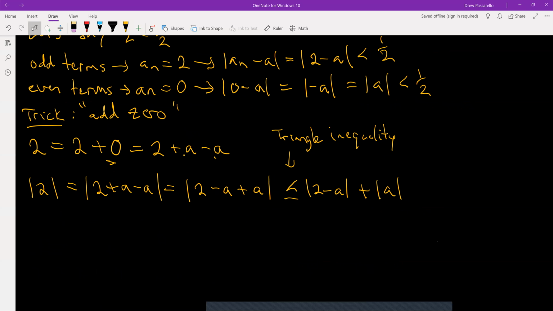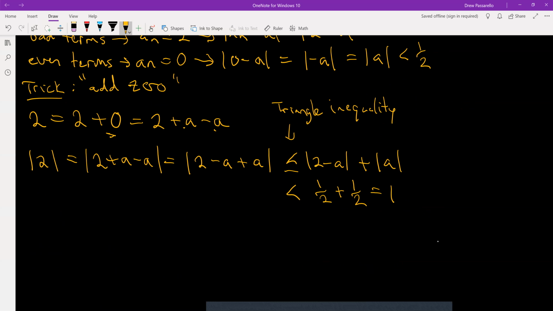Now, if that's true, then the absolute value of 2 minus a is less than a half, and the absolute value of a is less than a half, so we have 1/2 plus 1/2. What's 1/2 plus a half? That's equal to 1. But notice we started out with the absolute value of 2, which we wrote as the absolute value of 2 minus a plus a by adding 0.